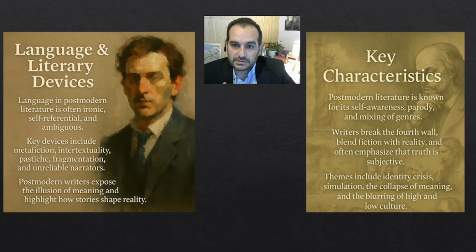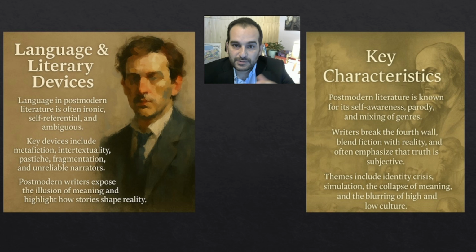Postmodern literature is known for its self-reference, self-awareness, and mixing of genres. In the previous literary periods, we were introduced to new forms of literature, like poetry or prose after the invention of printing.